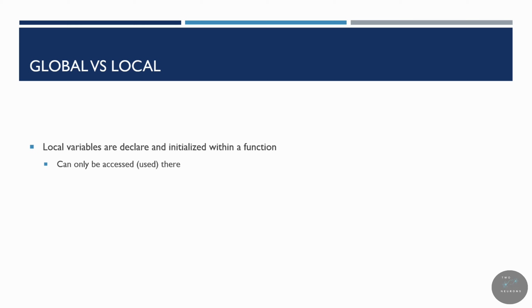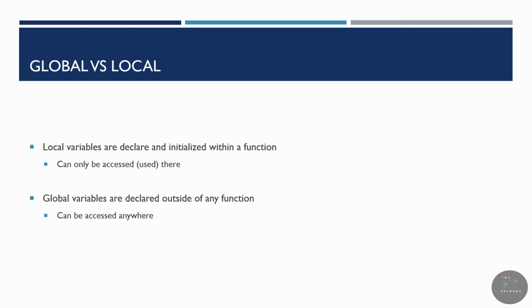So far, our function has been the int main bracket. So when we declare a variable within there, it is a local variable. This means that variable can only be accessed within there. So when we say accessed, we mean used. On the other hand, a global variable is declared outside of any function and thus can be accessed anywhere.